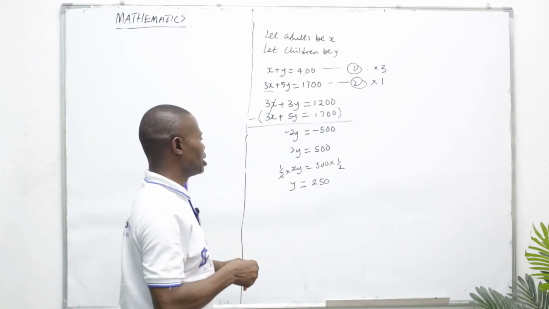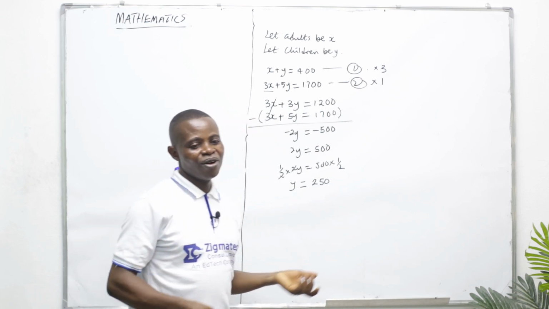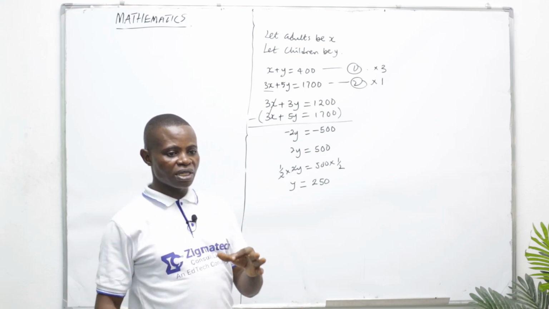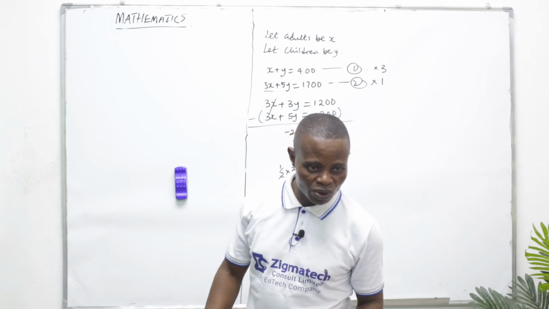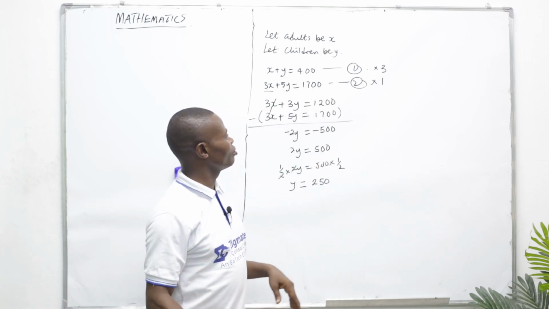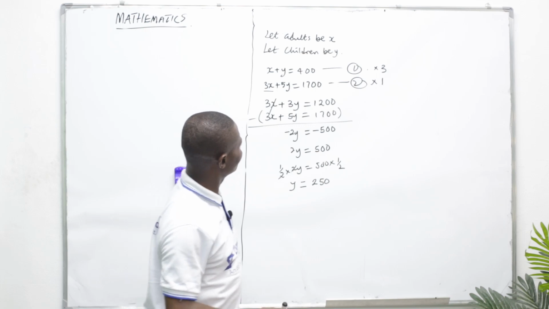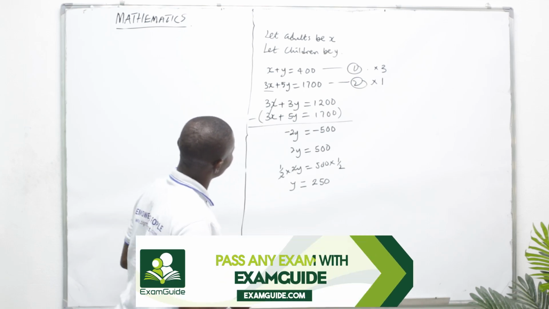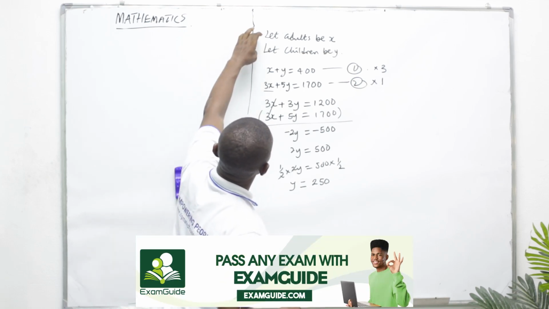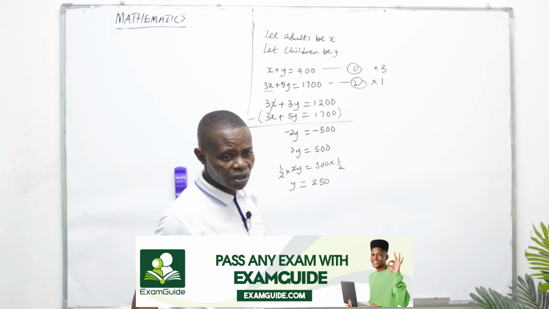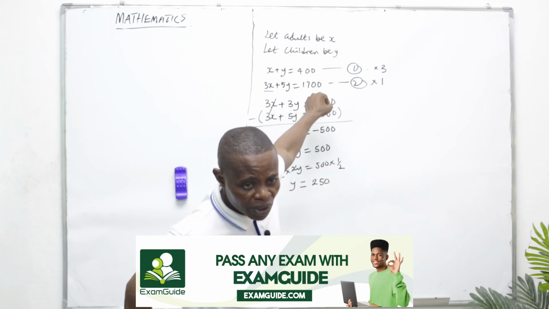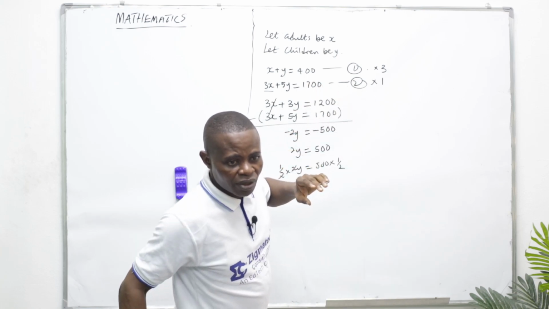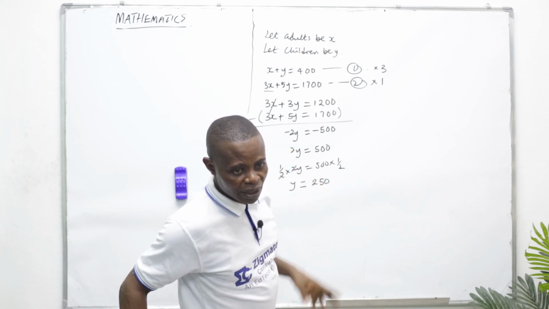So, how many adults are here? 250 adults? Well, yes. How many tickets were sold to adults? Okay. We still verify the number of tickets sold to adults. Let adult be S, ticket for children, and this if 400 attended the football match, and this was collected in ticket sales.